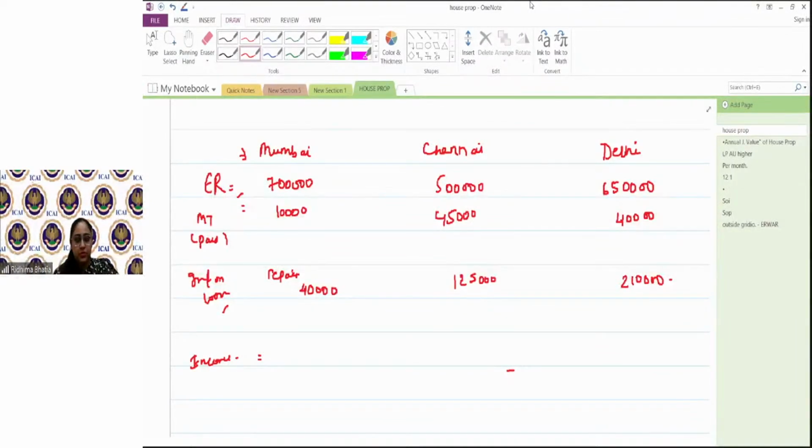Simple. भूल जाओ कि all of these are self-occupied.